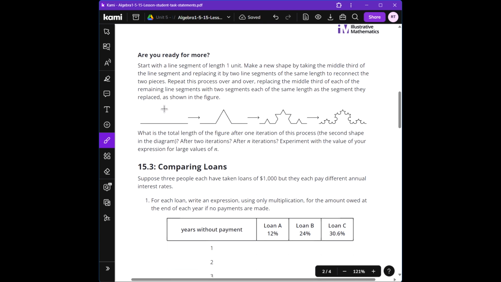Okay, let's see here if we're going to do this one. What we have here is we're going to take the middle third of the line segment and replace it with 2 line segments. Then we're going to repeat it over and over.